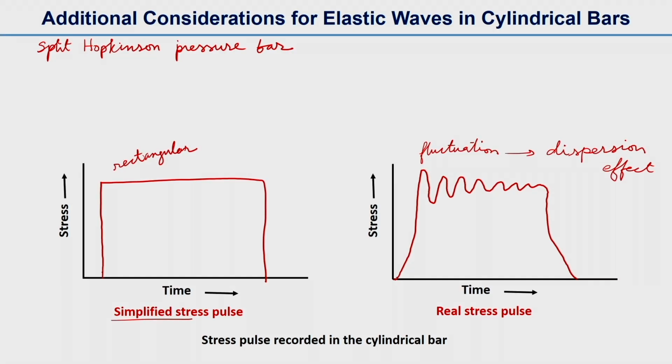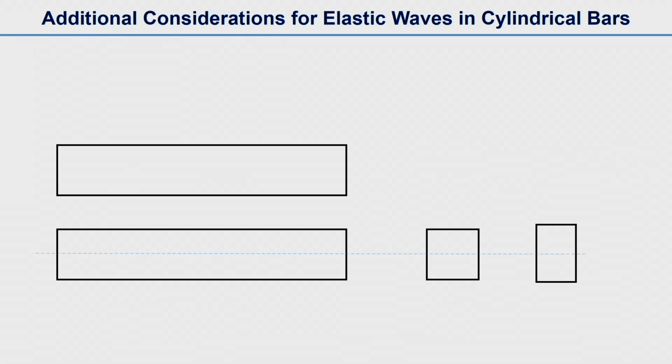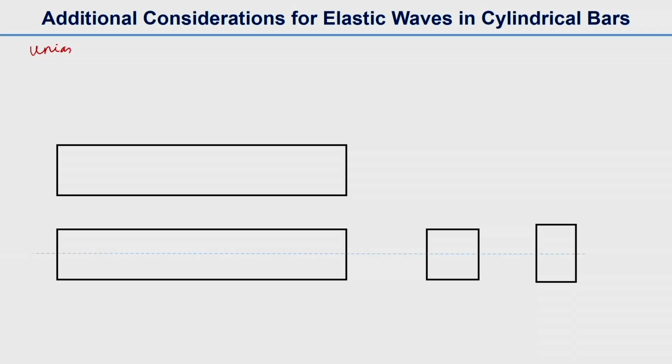And also we will discuss how there are deviations from the simplified case. Initially, for the uniaxial stress case, we found that C naught, the wave velocity, can be expressed as the square root of the ratio of elastic modulus by mass density, E by rho.